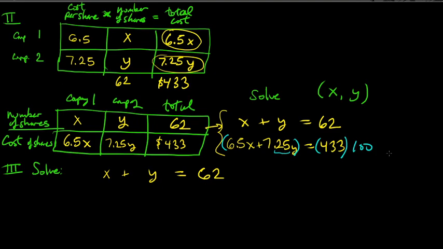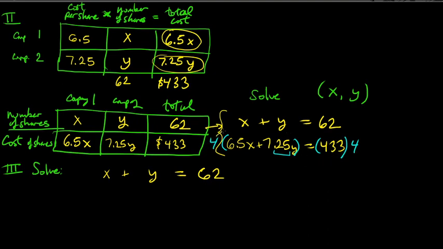So that'll get rid of all the decimals, of course. But if you want to use a smaller number, notice that this is 0.25. That's just 1/4 of a dollar. So we only need to multiply by 4 to get rid of all the decimals here. Again, if you want to multiply by 100, that's fine. You're just going to get slightly bigger numbers.